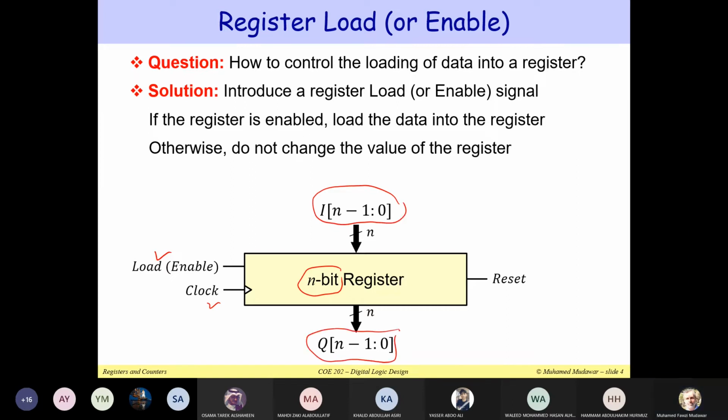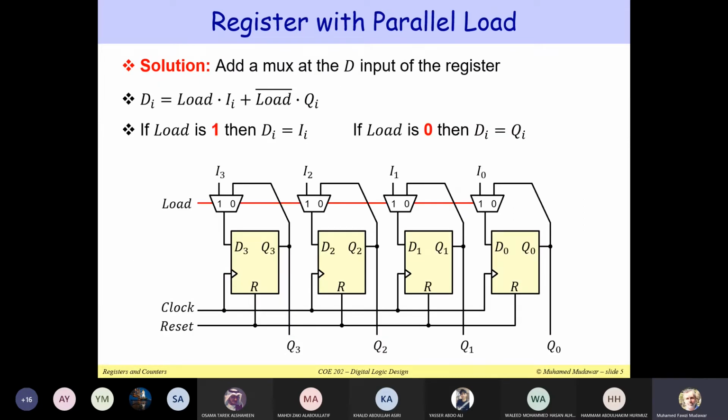Now, in order to implement this register from the inside, we need to add a multiplexer, as shown here in this slide. Notice how we are connecting the Q output back to the D input. So this is Q3, this is Q2, this is Q1, and this is Q0.